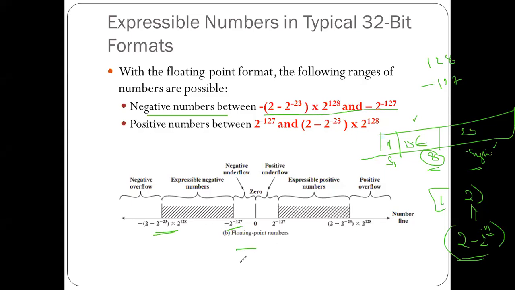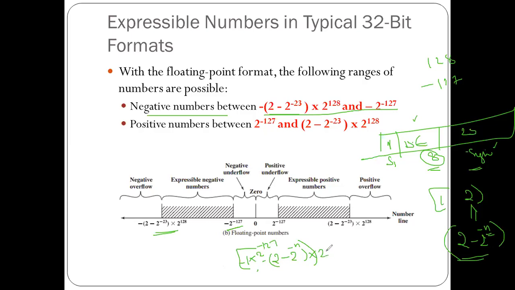Since our significand can be 1 to 2 minus 2 power minus n, adding the sign gives minus 1 to minus that. Adding the exponent for the least value, I'll be adding 2 power minus 127.